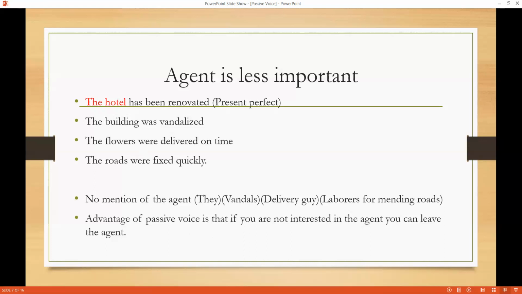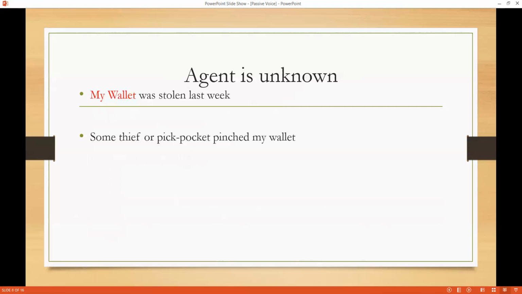All right, the second situation where we use the passive is where the agent is unknown. So let's say that somebody stole my wallet last week. Somebody stole my wallet last week.